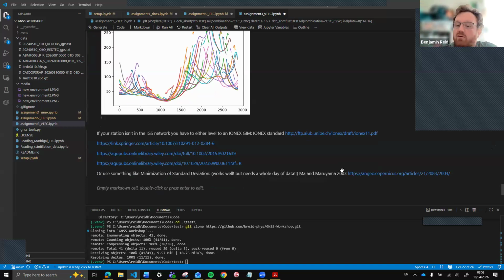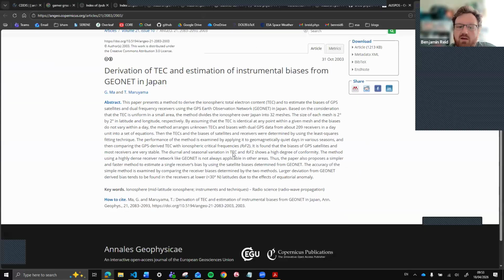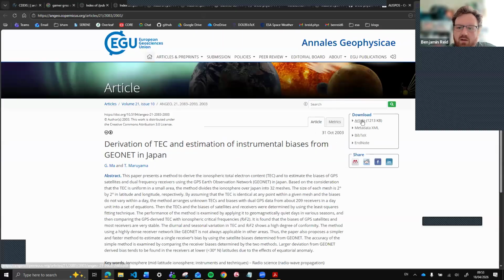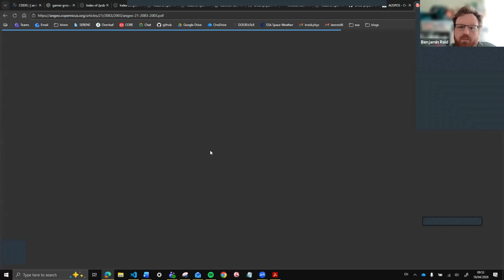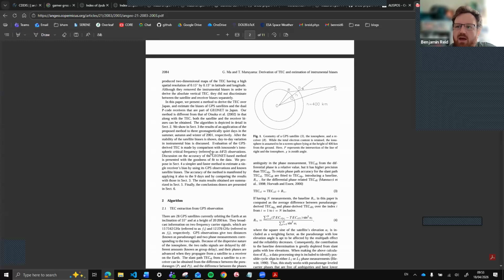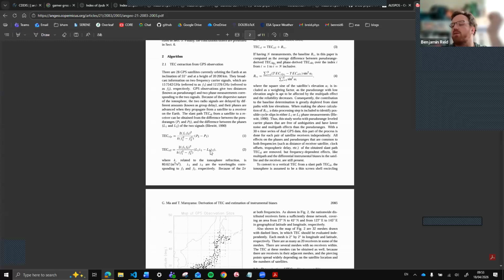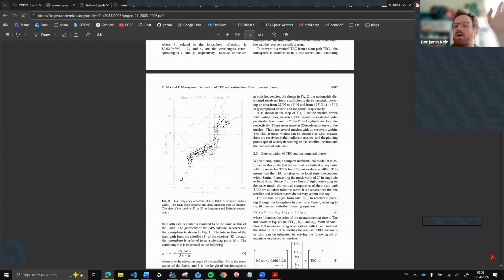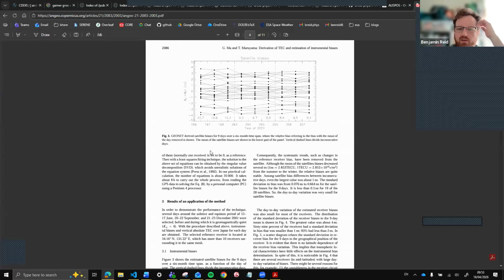Another one that works really well, that you don't need a TEC map for, is something called minimization of standard deviation. You can get that in this paper here. Essentially it doesn't require any external library. You do need to correct the satellite biases, but the satellite biases you can always get from the SINEX file.